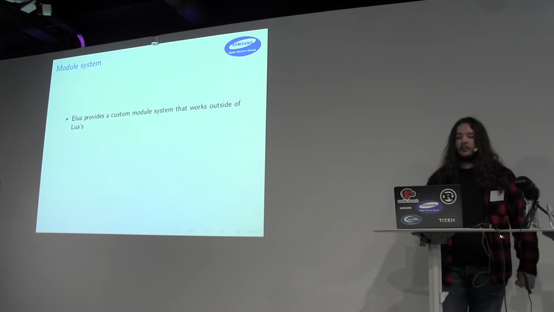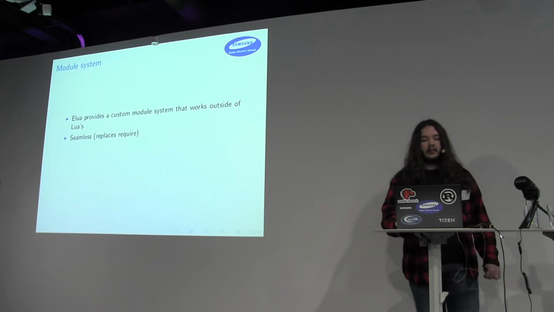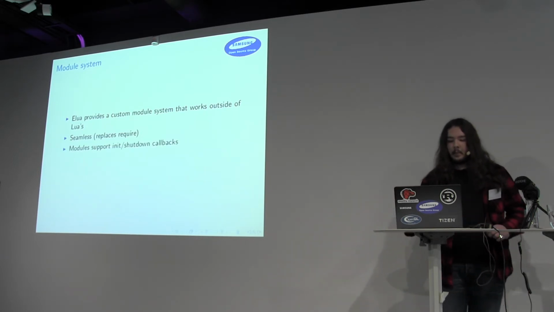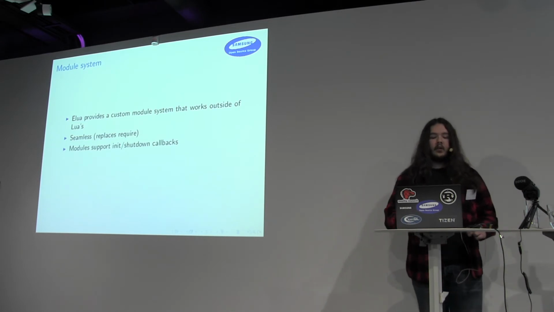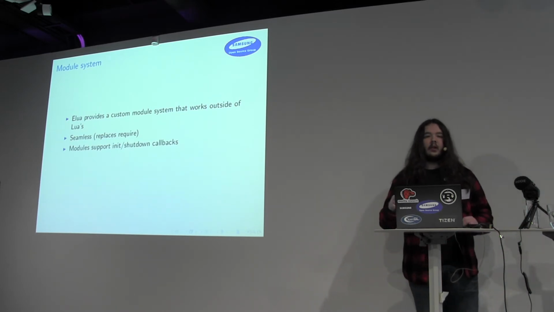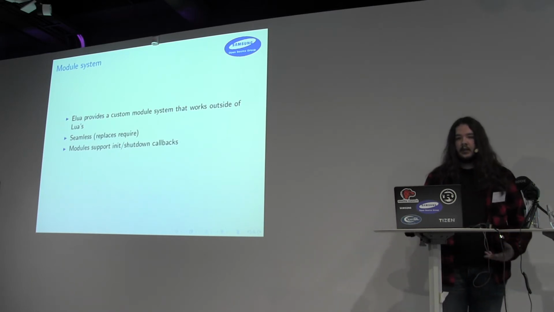Lua provides a custom module system which works outside of Lua, and it's seamless. It replaces require for us, and our module system supports init and shutdown callbacks if needed. So we can hook, for example, library loads and unloads using FFI to these callbacks and actually safely handle things.